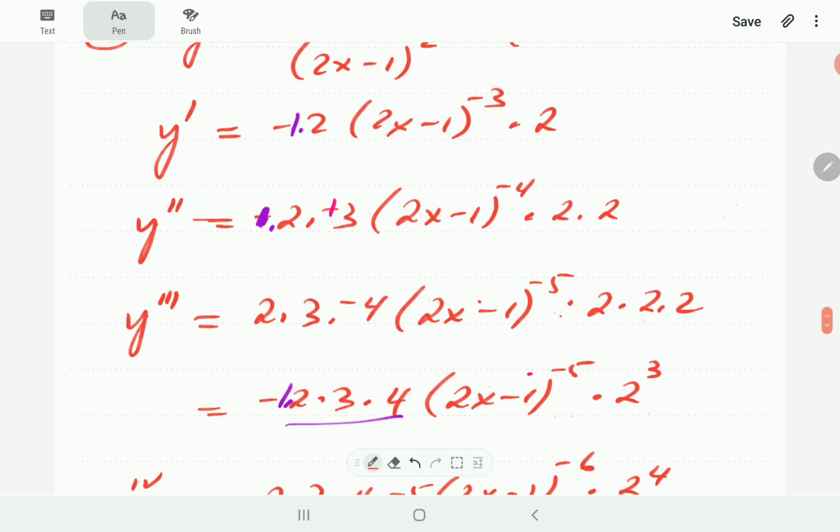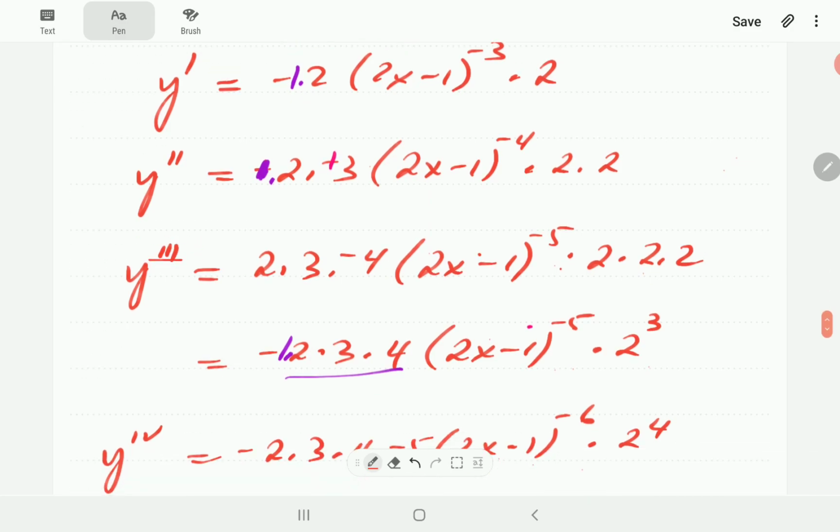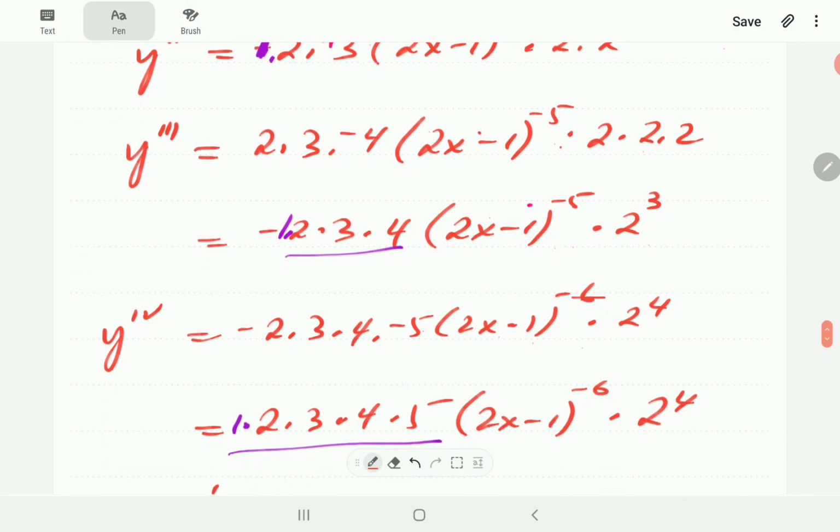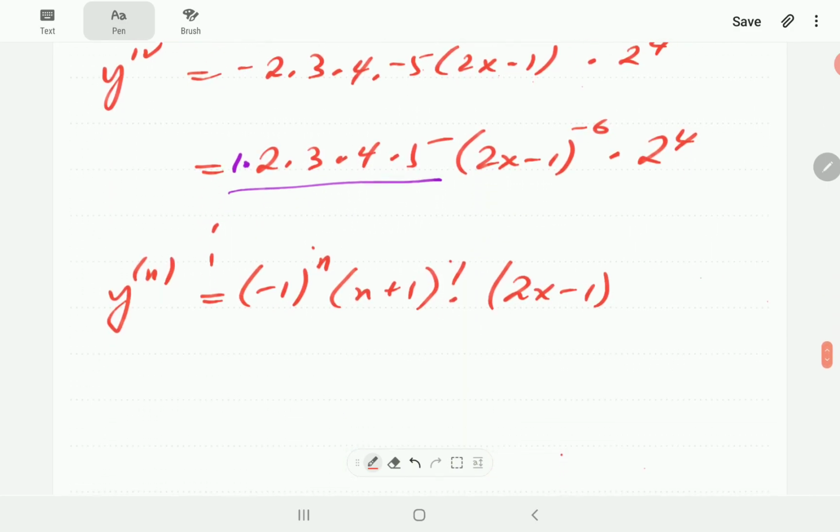For the second order derivative, it's negative 4. For the first order derivative, it's negative 3. So it appears that the power is always 2 more than the derivative order, and negative. So for the nth order derivative, it's going to be negative (n plus 2).